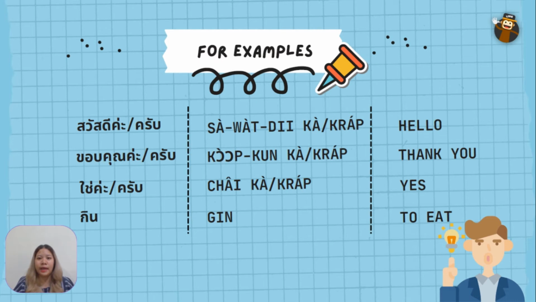We say in Thai สวัสดีค่ะ or สวัสดีครับ that means hello. ขอบคุณค่ะ ขอบคุณครับ it means thank you in Thai. And if you want to say yes, you can say ใช่ค่ะ or ใช่ครับ but we also have other ways to say yes in Thai, so please don't forget to watch another video from us. The next one, the word กิน. กิน means to eat.